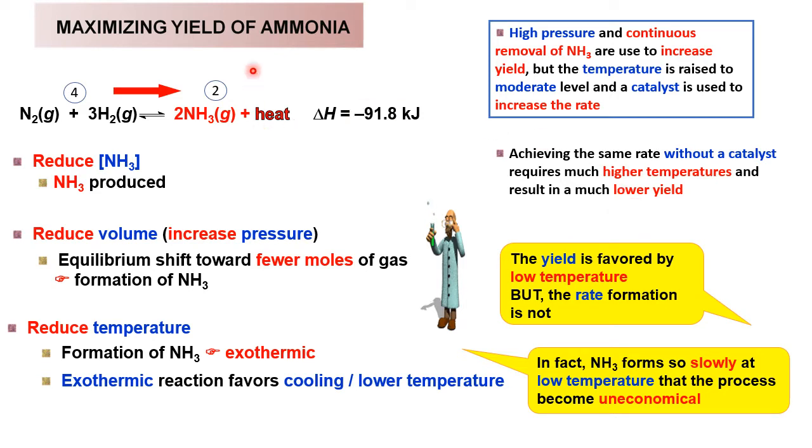Because at high temperature, the system will shift to the left, so the concentration of ammonia is decreased. The yield is favored by low temperature, but the rate of formation is not. In fact, ammonia forms so slowly at low temperature that the process becomes uneconomical.